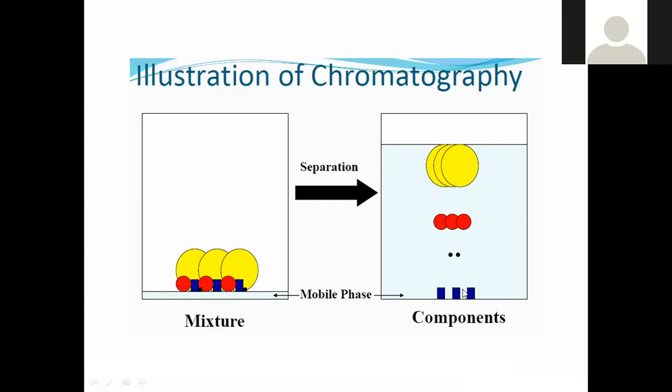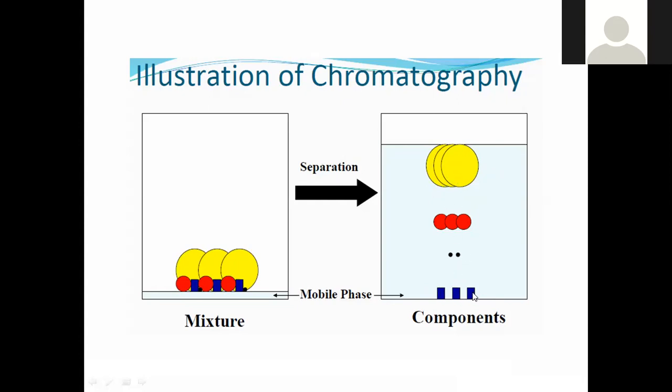So the compound which is having a smaller size is adsorbed immediately in the initial part of the chromatogram, and as the size increases, the adsorption decreases, so it is adsorbed in the later part of the column.